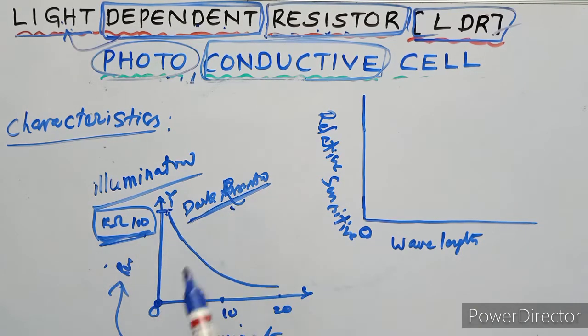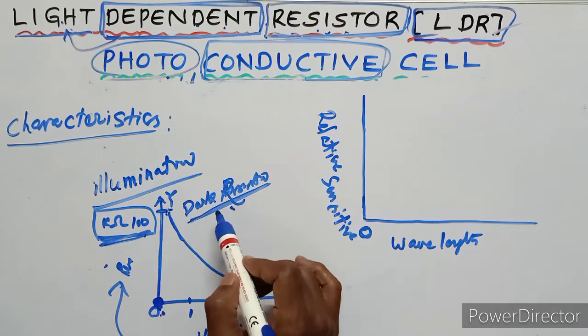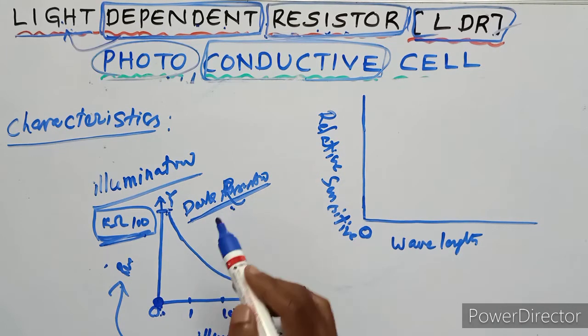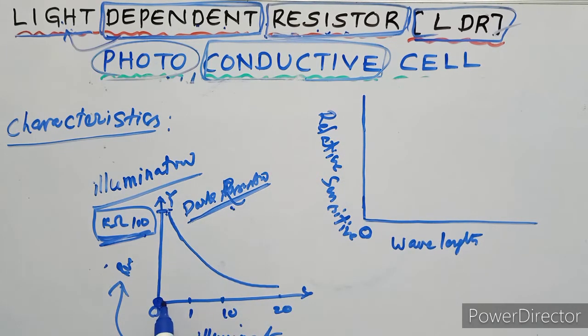This is the dark resistance at the not illuminated range. Not illuminated means dark, in darkness, no intensity, there is no light. And when illuminated with strong light, the cell resistance falls.